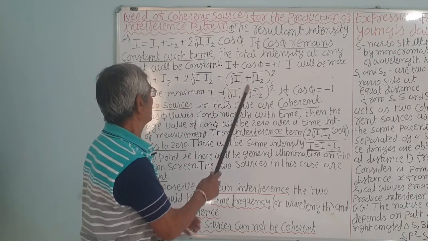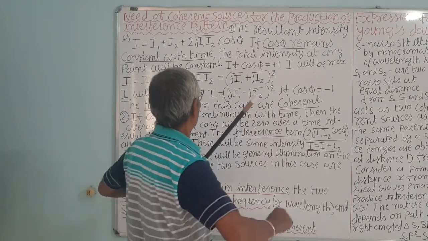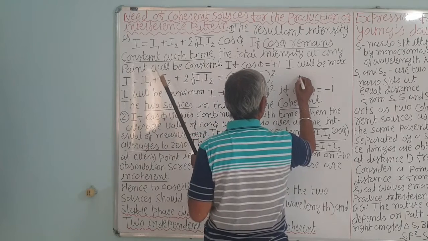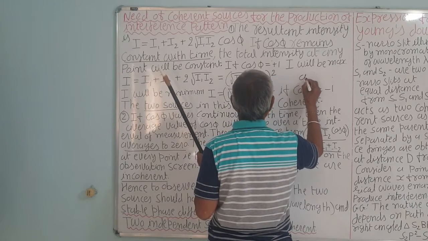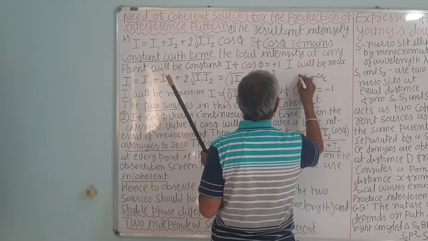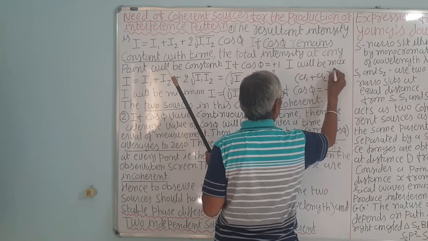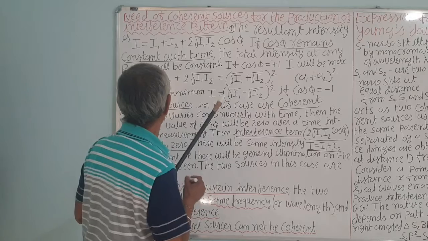That is equal to under root I1 plus under root I2, whole squared. Or in the case of amplitude, intensity is directly proportional to the square of the amplitude. So the amplitude will be A1 plus A2, raised to square.